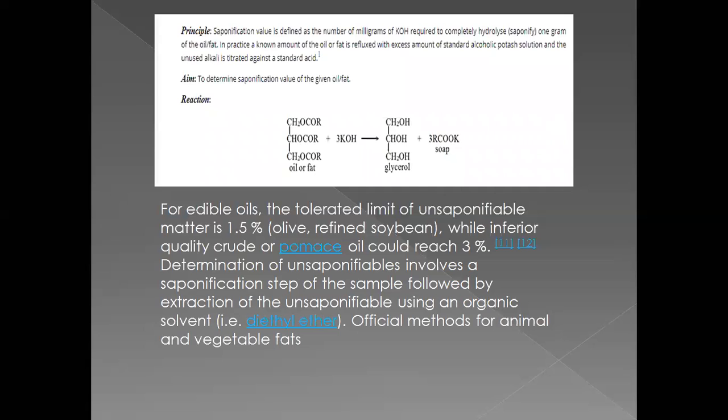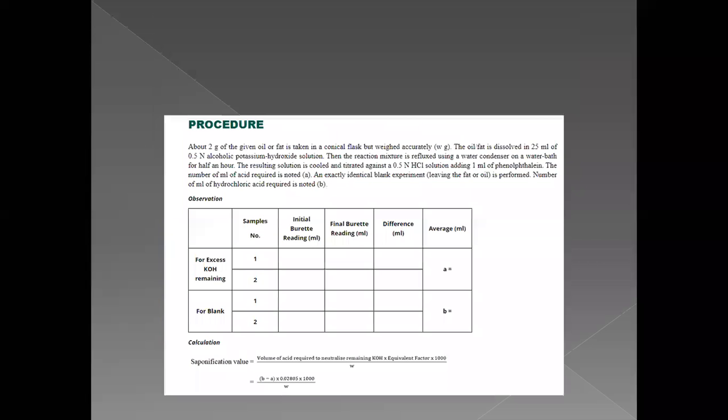But in acid value, it is a neutralization reaction. In saponification value, soap formation is the reaction. Also here, the higher the saponification value, the poorer the quality of the sample. The lower the saponification value, the better the quality of that oil and fat sample.